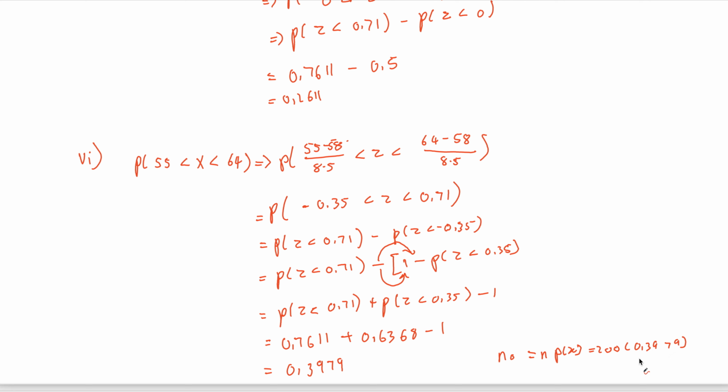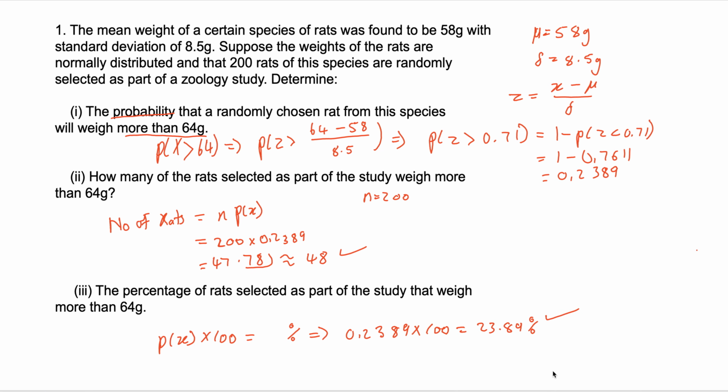That's 79.58. So the answer will be 80. That's how many rats you're going to be dealing with. 80 rats. So that's all for this video.